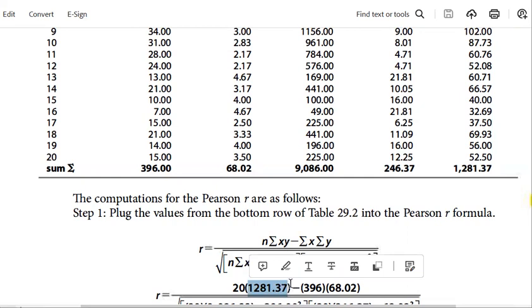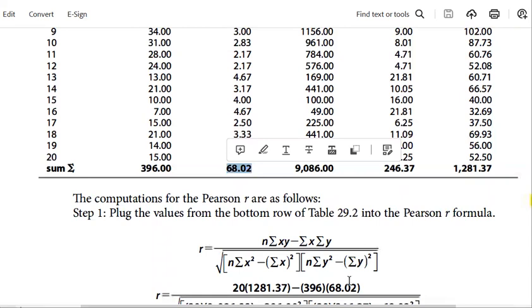And then minus the sum of x, which is the sum of stress, that's plugged in here, 396, times the sum of y, that's the sum of resilience, 68.02. You can see that entered here. So you can solve for the numerator of the R here with a calculator.